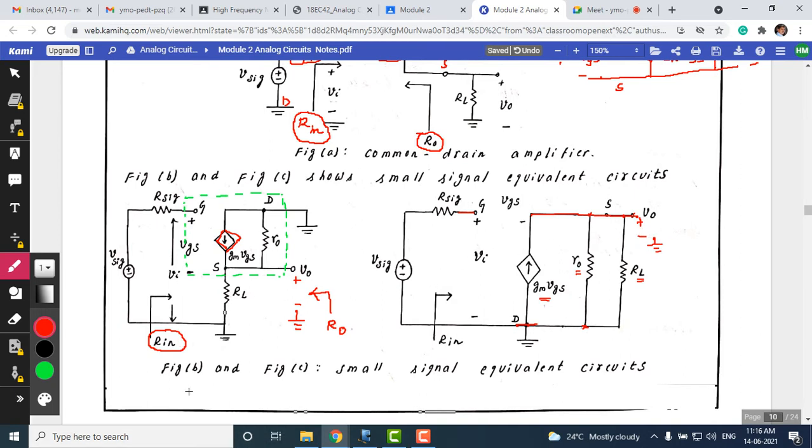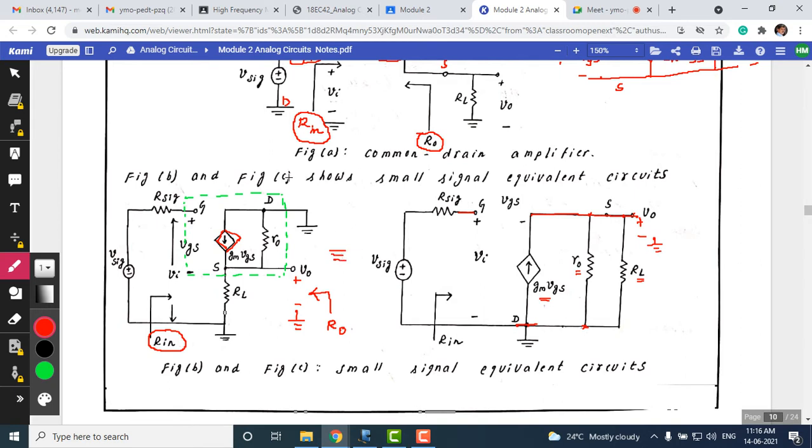Okay, and input signal. Let us come back to the input side. At gate there is an AC source resistance given in the equivalent circuit, and here we have an AC source. Okay, AC source is connected. One end goes to the R signal, the other end goes to the drain terminal here. That means these two circuits are equivalent.